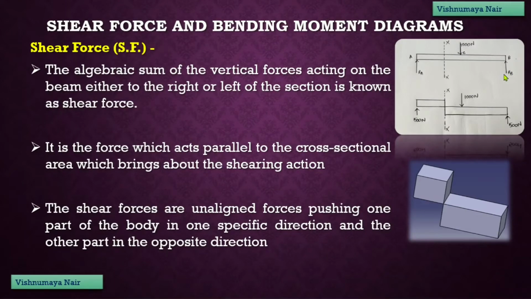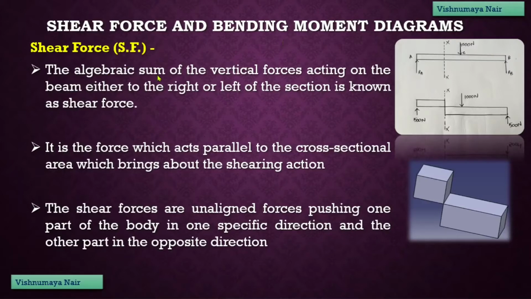One is the reaction force and the other is the externally applied load. So the algebraic sum of these two forces will be equal to 1000 Newton downwards minus 500 Newton upwards, and the resultant will be 500 Newton downwards. So on the right hand side of this section, we have 500 Newton force acting downwards.